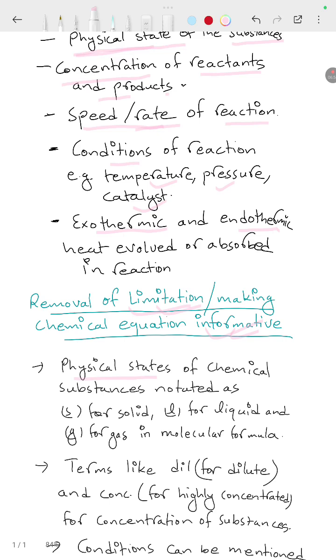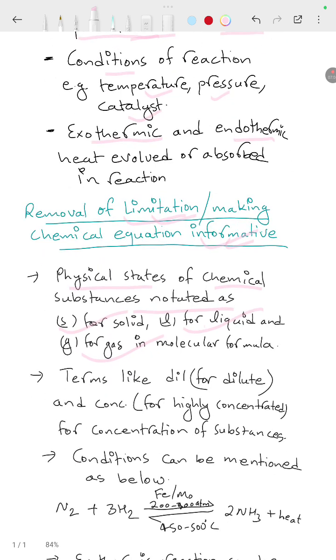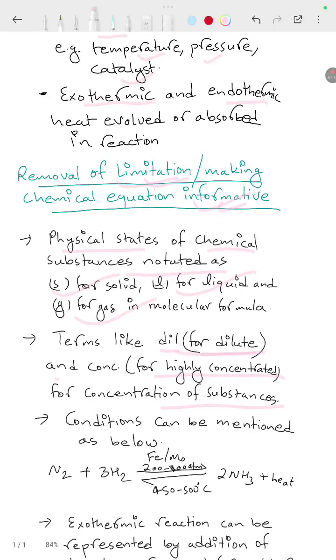First, the physical state of a substance is noted as s for solid, l for liquid, and g for gas in the molecular formula. Terms like dil are denoted for dilute, and conc for highly concentrated solution.